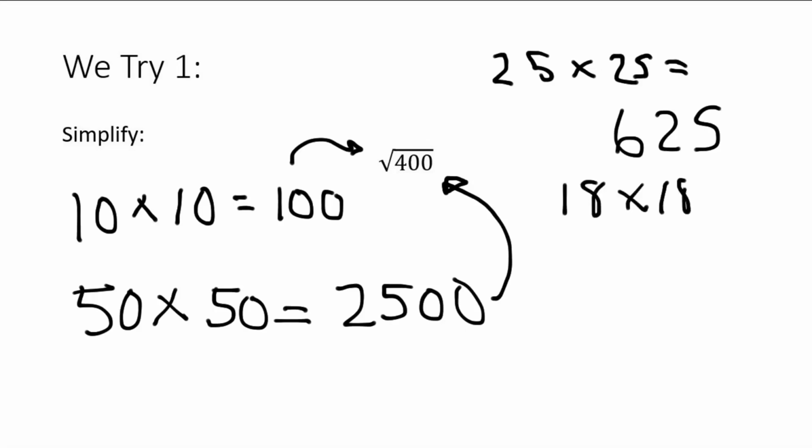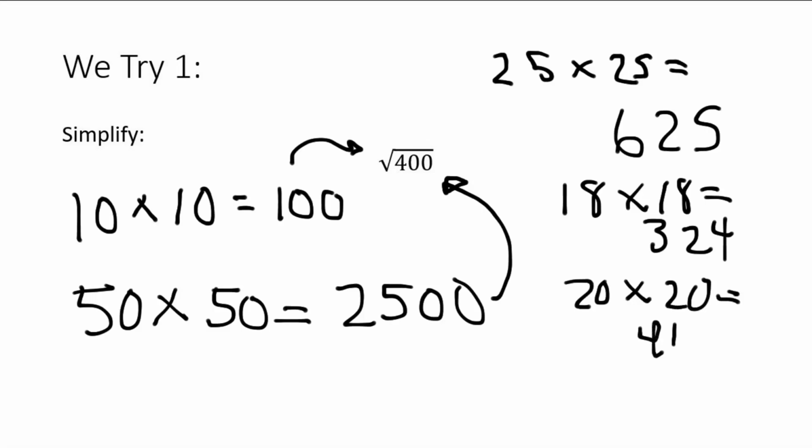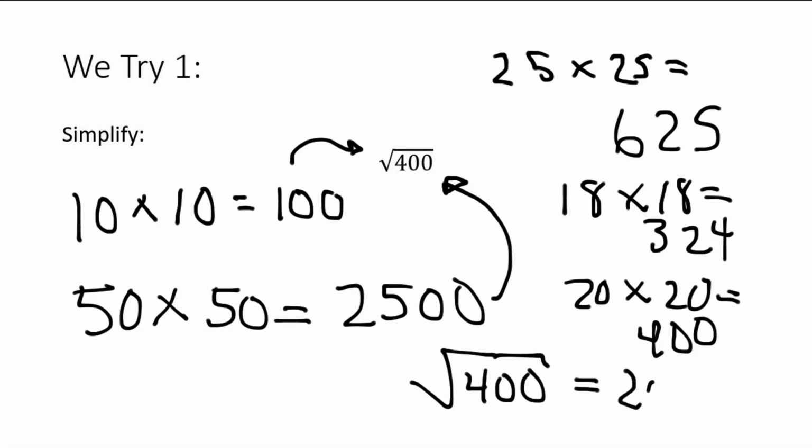So I'm getting closer. Let's try 20. 20 squared? Oh, that's 400. Okay, so 20 times 20 is equal to 400. So the square root of 400 is equal to 20.